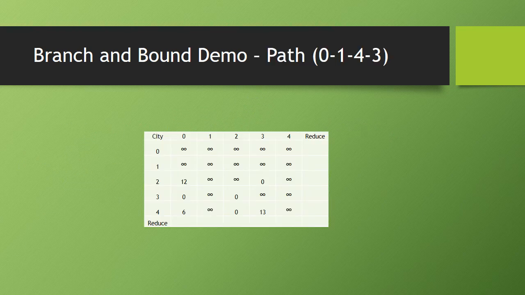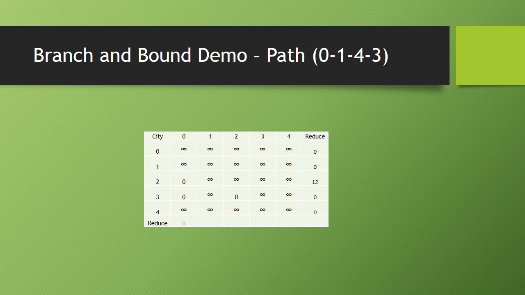So again, we're going to make row 4 infinity, column 3 infinity, and then we begin our reduction to 0, 0, and then row 2 can be reduced, so we take 12 minus 12, and that leaves us with 0, and then 0, 0.